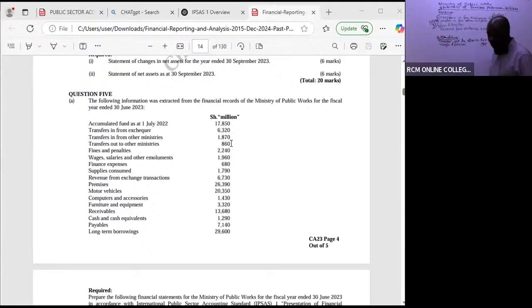Very old, but young at heart. Then we have finance costs, which is basically interest. So we have finance expenses, 680.